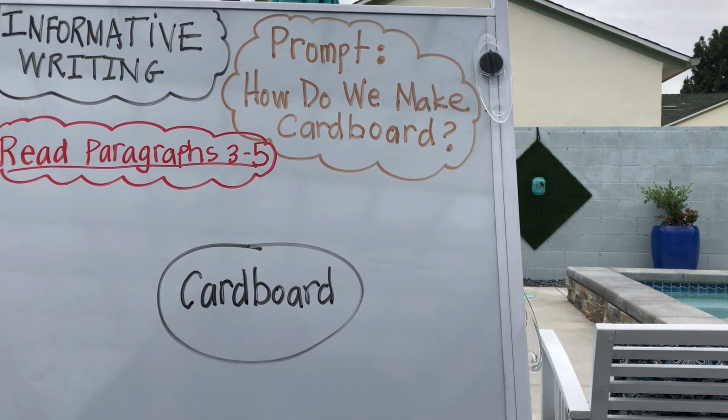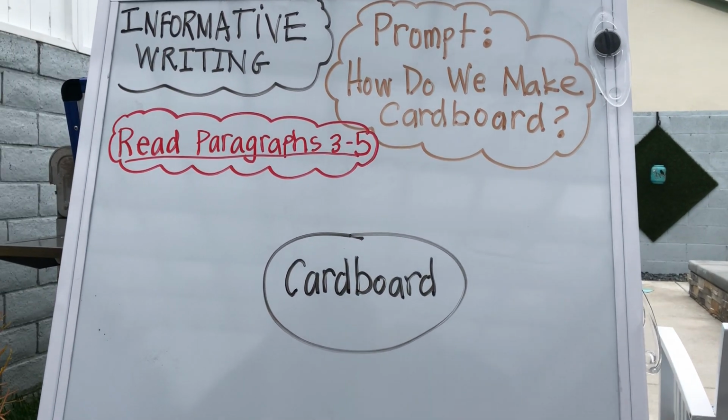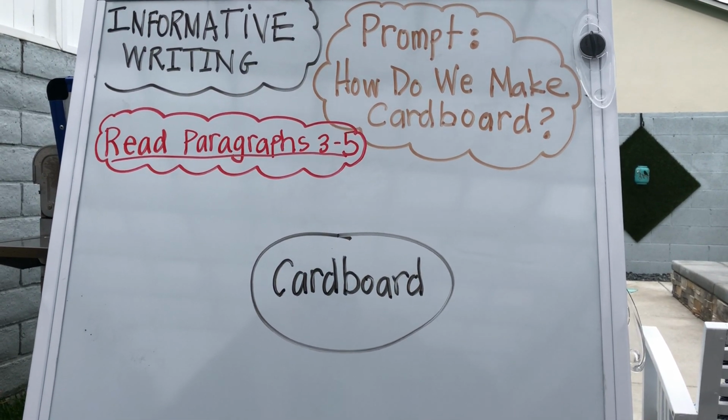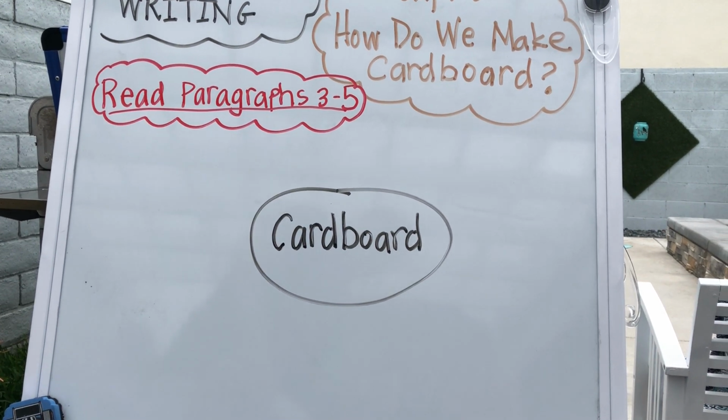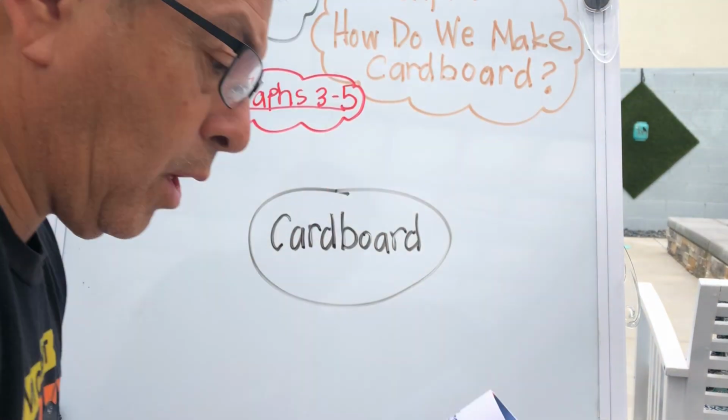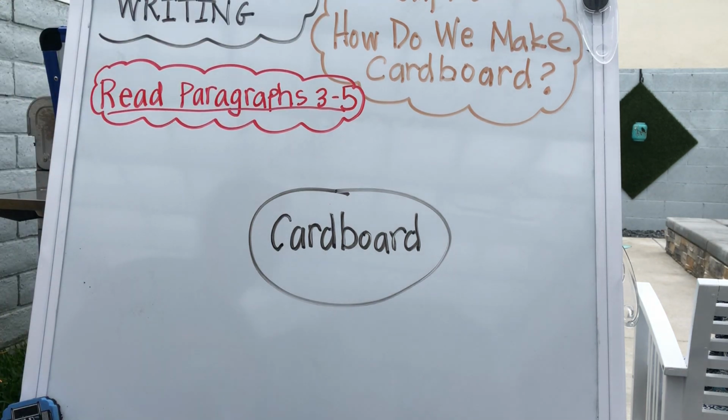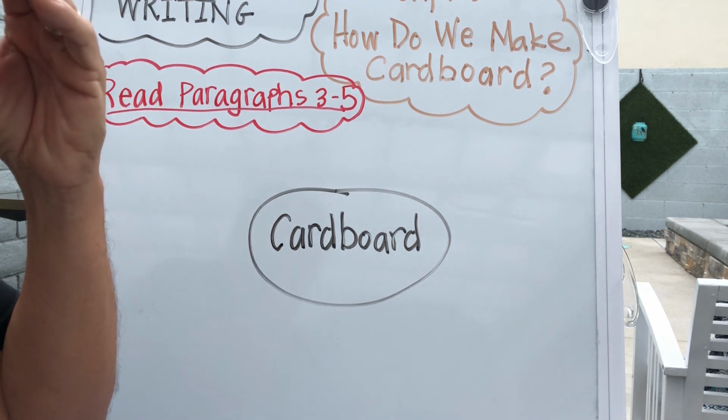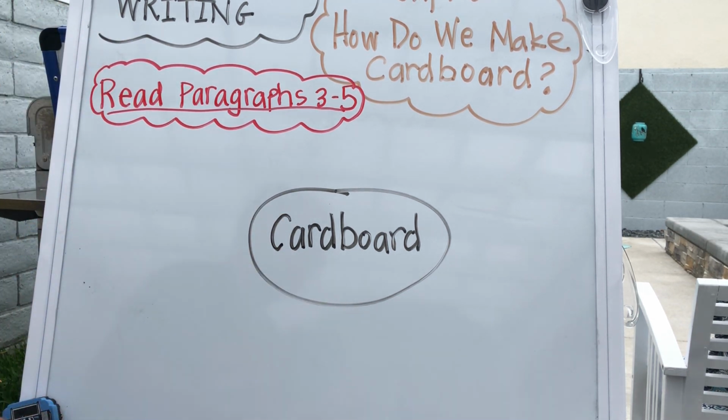Just like you yesterday, boys and girls, I read this article. Okay? And when I read paragraphs 3 through 5, what I did was I underlined sentences that I thought were really good ideas. Those are the sentences that are the sources of information, the sentences that really tell me how to make cardboard.